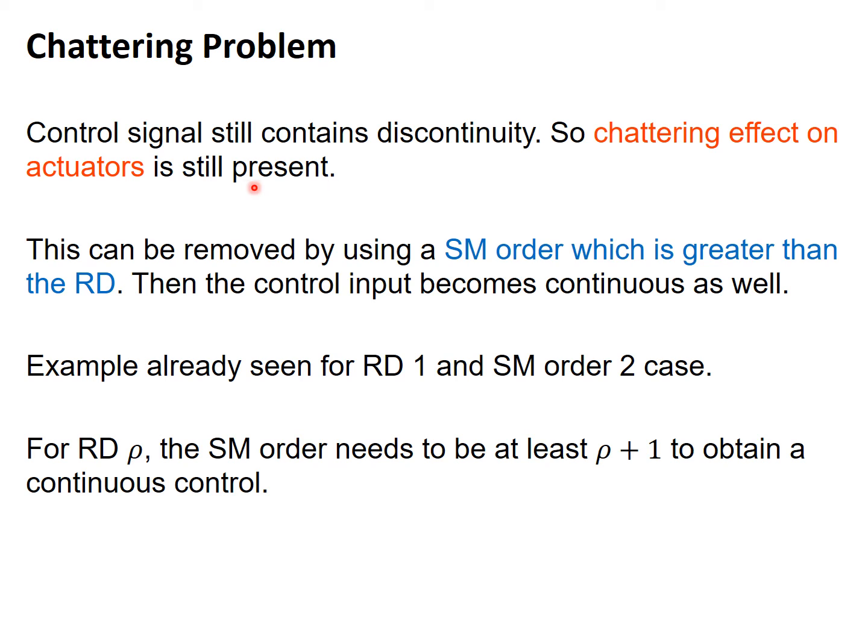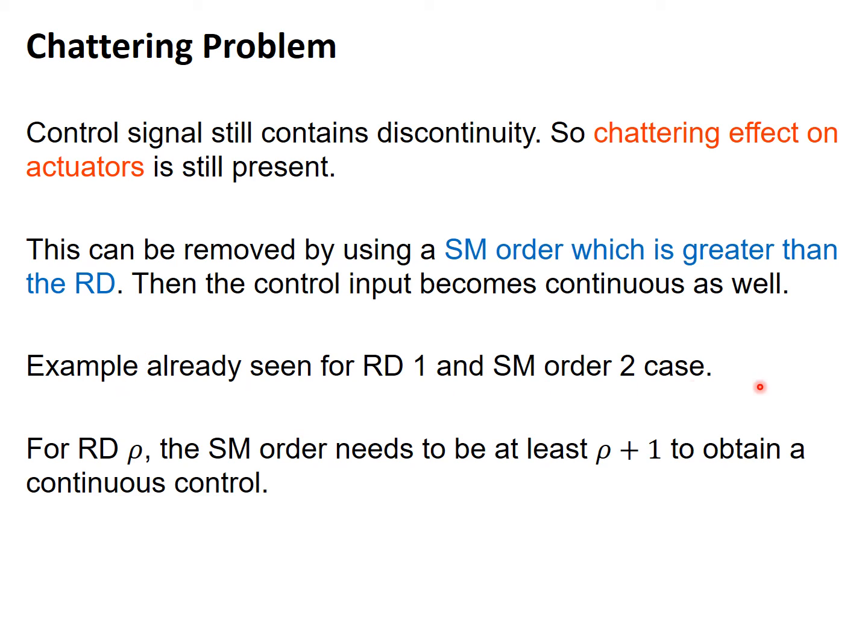Simple, we have already discussed this: by choosing a sliding mode order which is greater than the relative degree. If you choose a sliding mode order greater than the relative degree, your discontinuity comes in U dot or higher derivatives of U. So the control input becomes continuous.